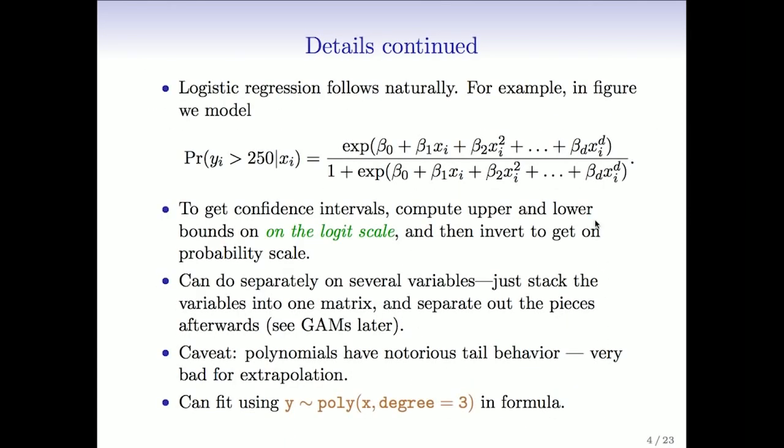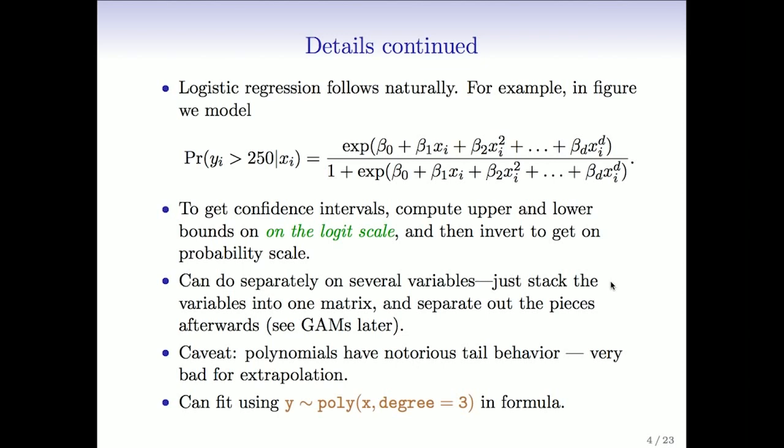Okay, a few other points. With polynomial, we've just talked about a single variable. For several variables, you can do it separately on each variable, right? So you just generate these transformations on each variable, and then stack them together in one big matrix and fit a big linear model in all these new derived variables.